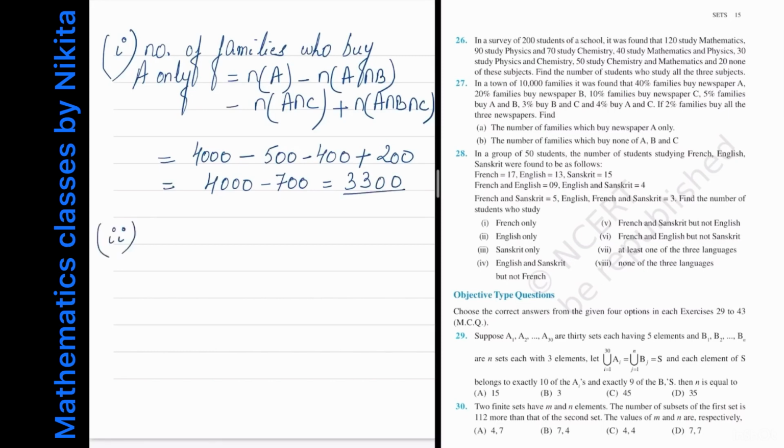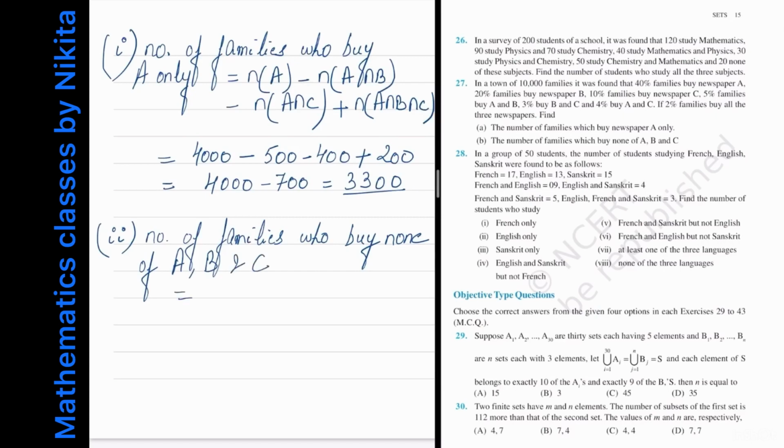In the second part you have to find the number of families which buy none of A, B and C. This you know how to find.